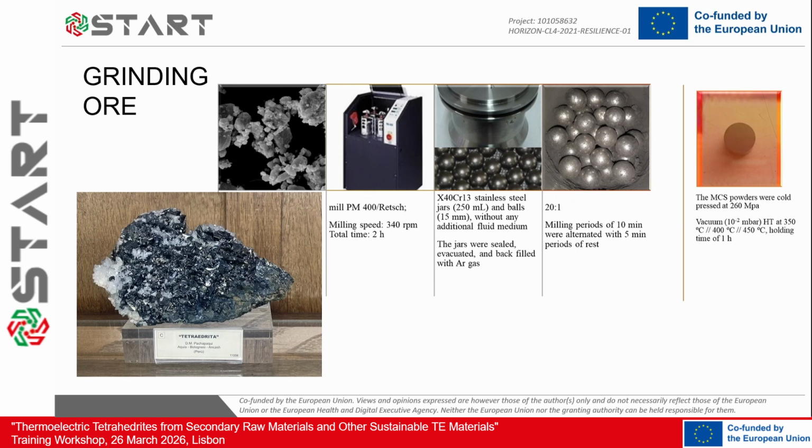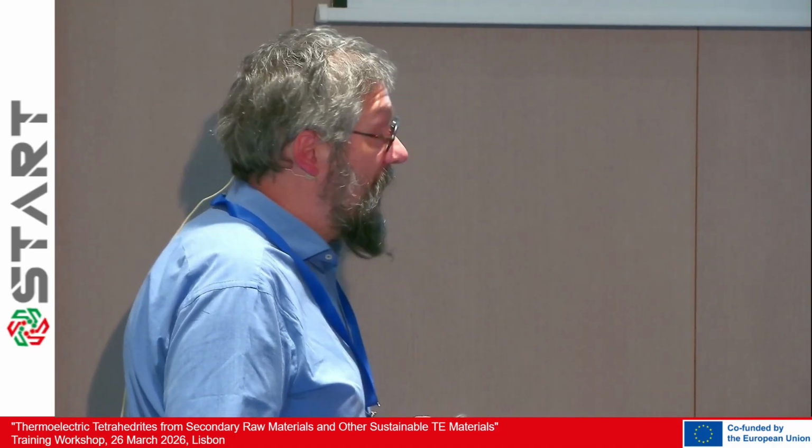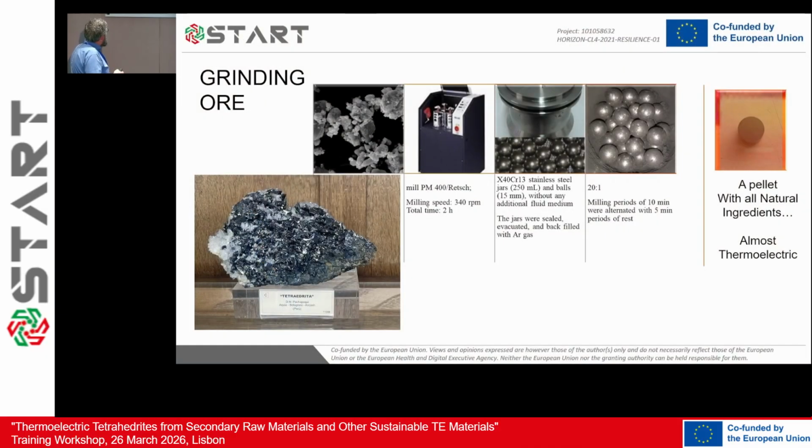What you end up with is almost a thermoelectric material, because it's a tetrahedrite, but the thermoelectric properties are not yet there. I'm simplifying, but this is more or less the concept also in Start.